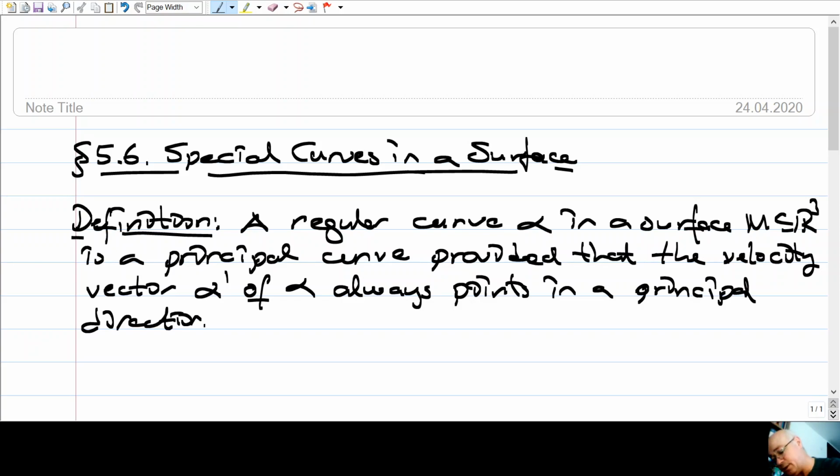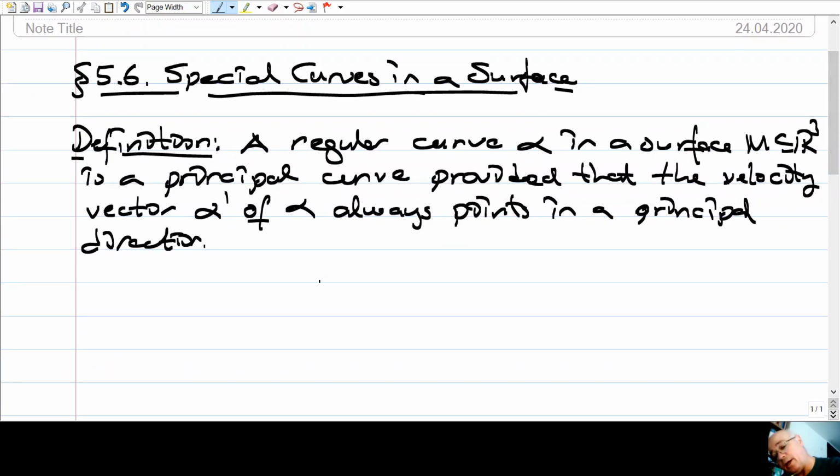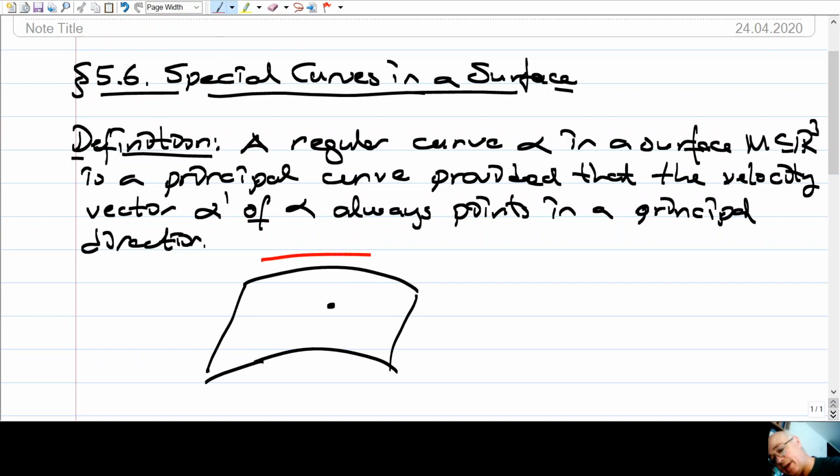So what does this mean? At any point on the surface, suppose you are at a point like this, and here is our tangent space, T_P M. There are, remember, our principal directions, and they're orthogonal, we know that.